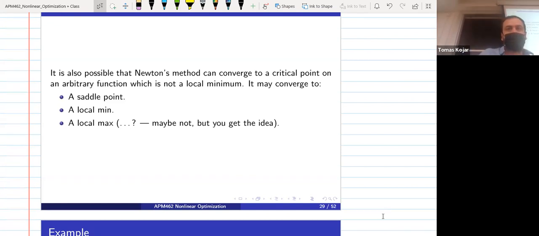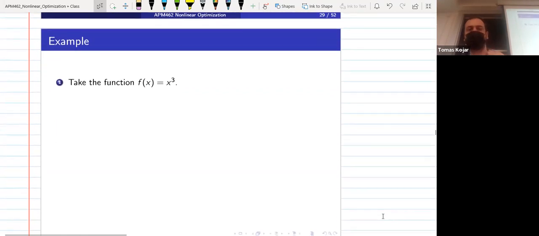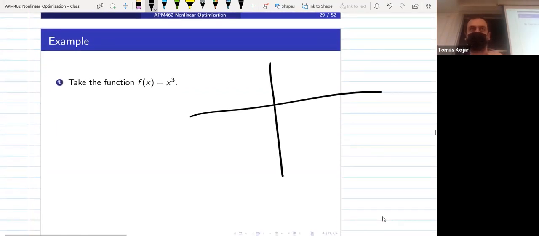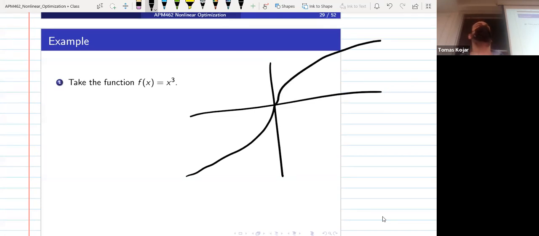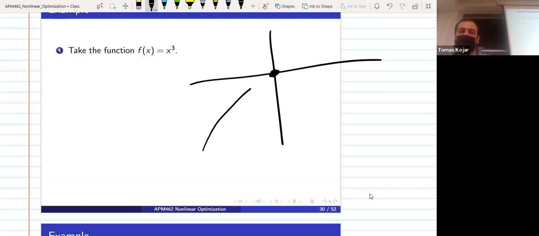So I will do an example where it goes to the saddle point. So take x cubed, and the picture of x cubed is something like this. So what happens at 0?